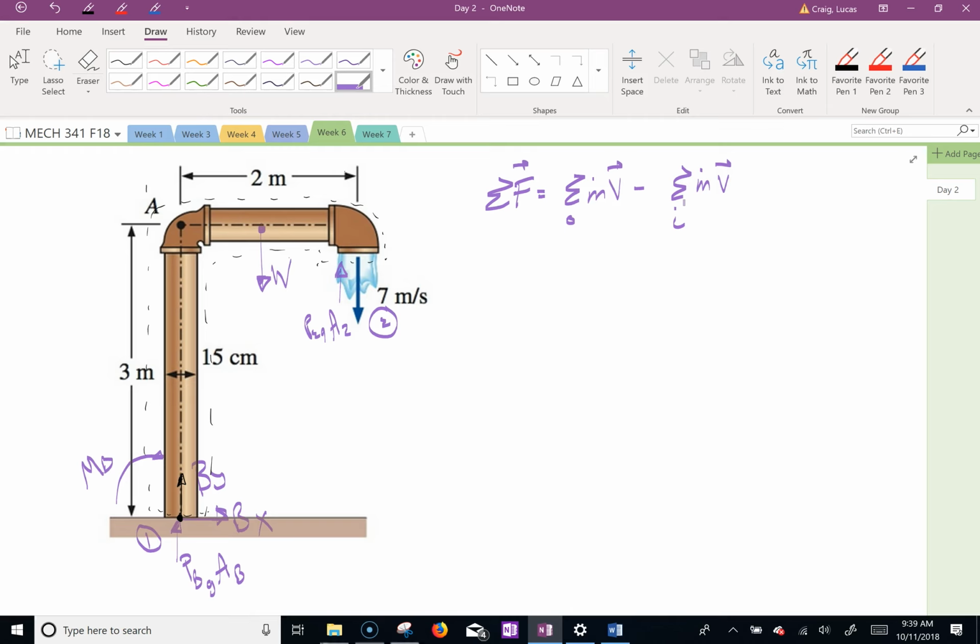Then you could also find a moment, and this moment is summation of m dot v times r out minus summation of m dot v times r in. So those are the two fundamental equations that you would use to figure out forces or moments for linear momentum of fluid.